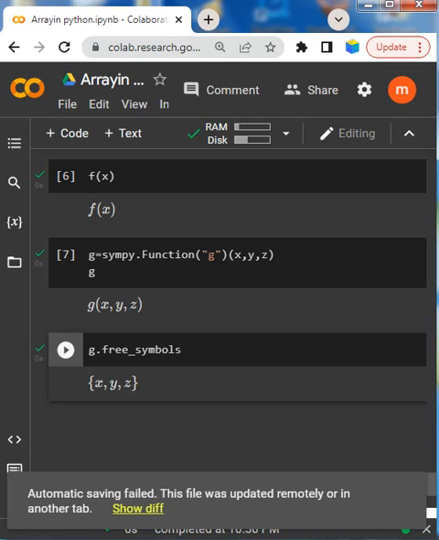Another important application of undefined functions is for specifying a differential equation, when the function itself is unknown. Most of the time these are used in calculus and differential equations.